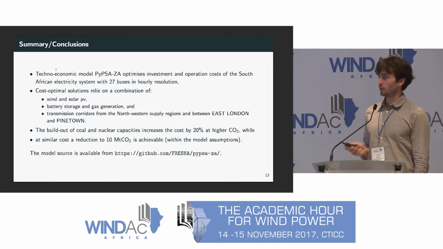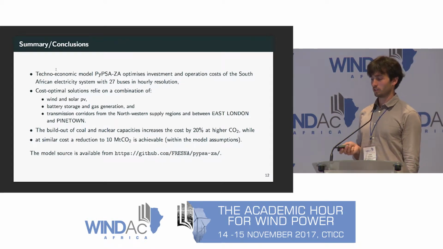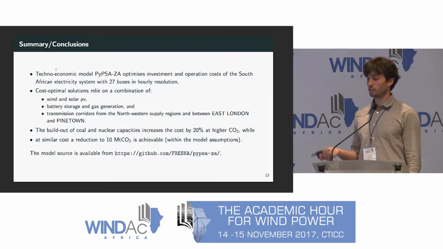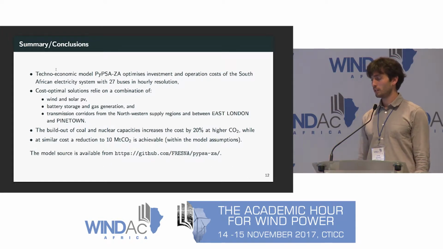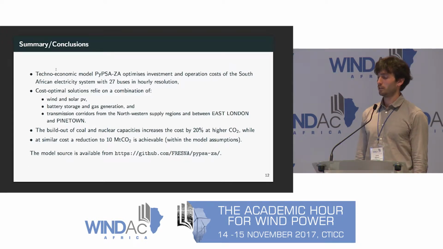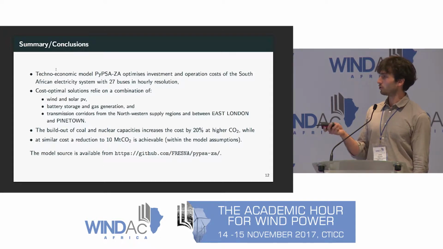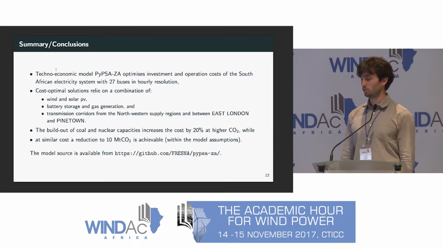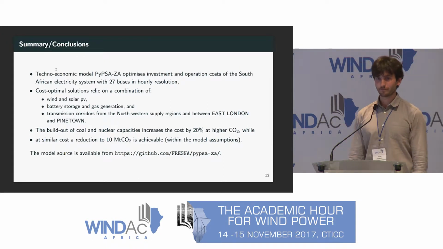In no case do you build coal or nuclear capacities, but if you enforce that, you get a 20% higher cost within the model assumptions, of course. And with a similar cost, you can also achieve a reduction down to 10 megaton or million ton CO2. Thanks.